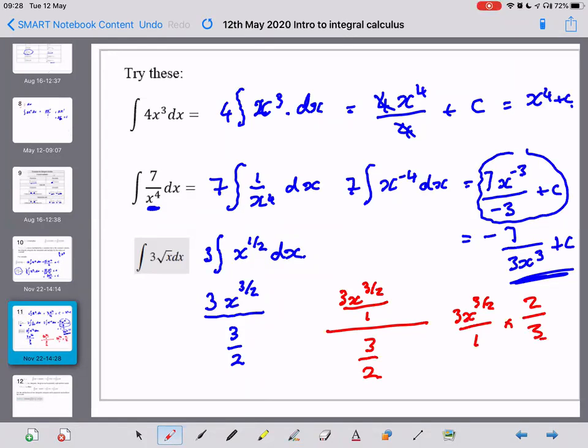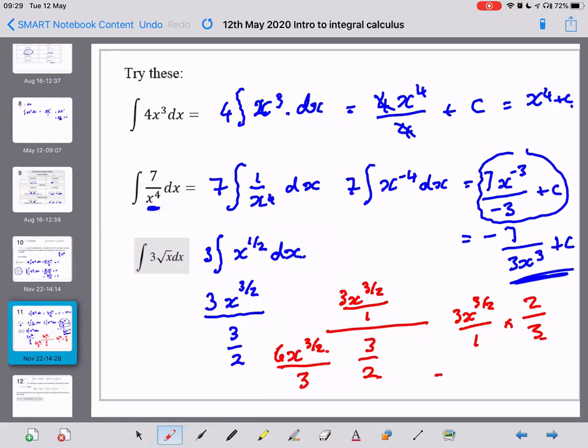So the full answer to this is 6. So 3 times 2 is 6, x to the 3/2, divided by 3. And 6/3 is 2.